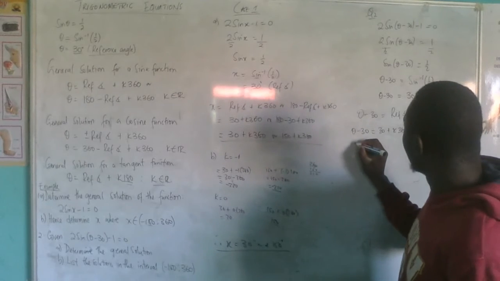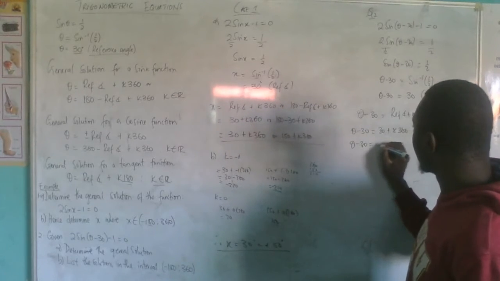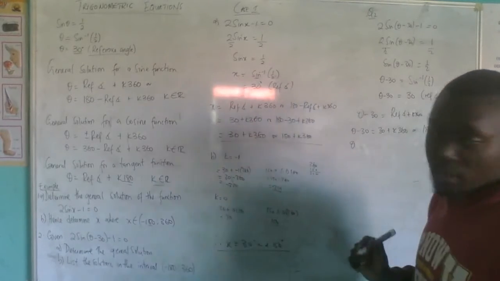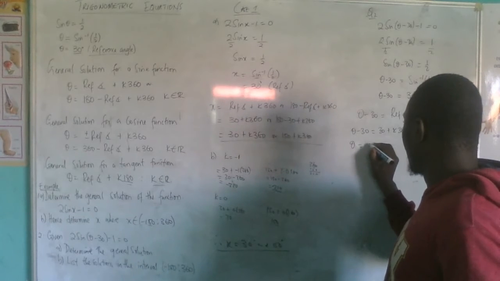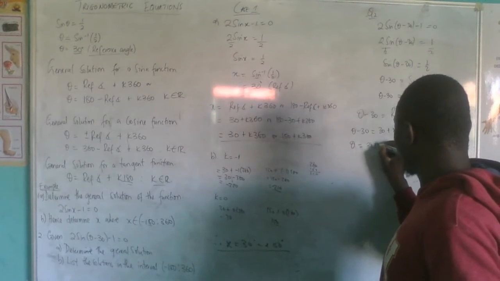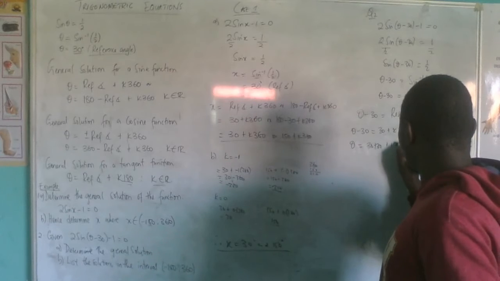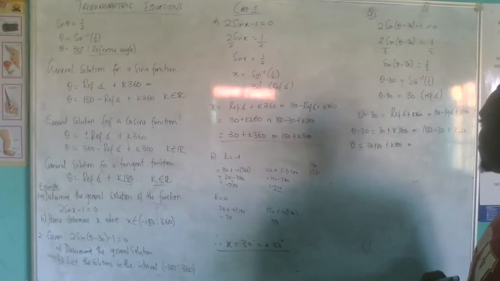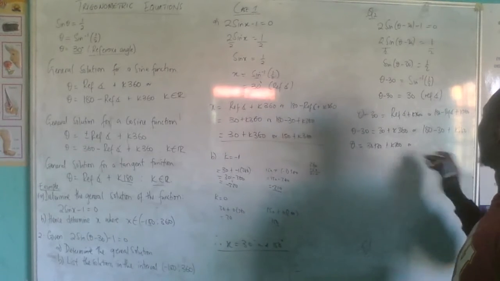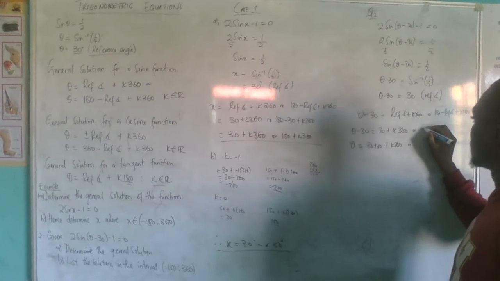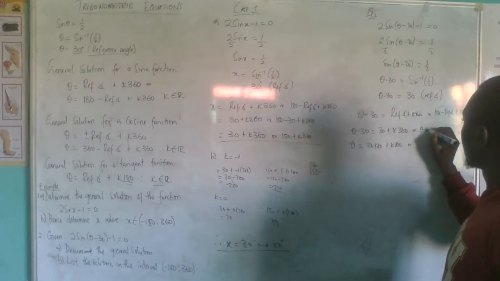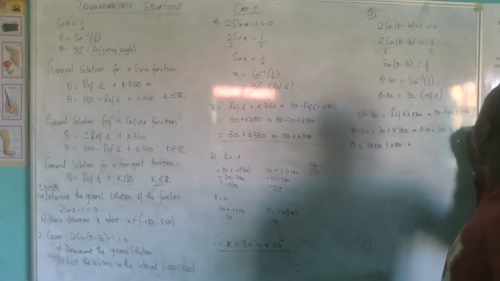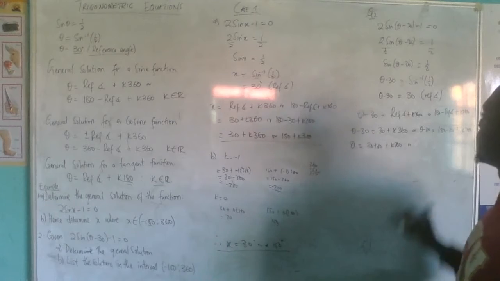Okay, simplify that. Now I can take 30 to the other side to make theta the subject. So theta minus 30 equals 30 plus k 360, or, sorry, theta minus 30 equals 180 minus 30 plus k 360.